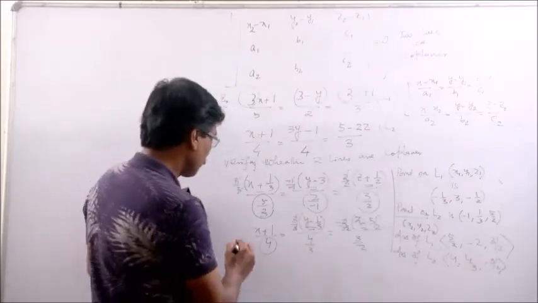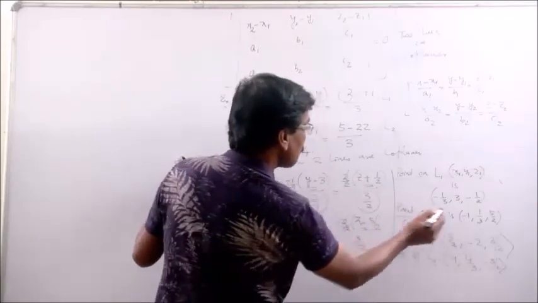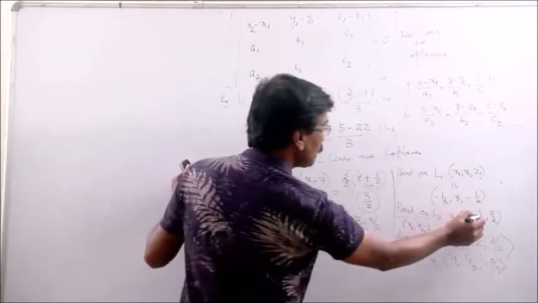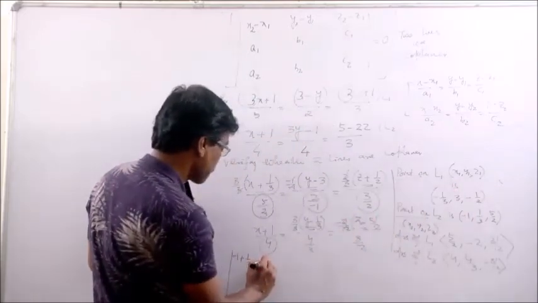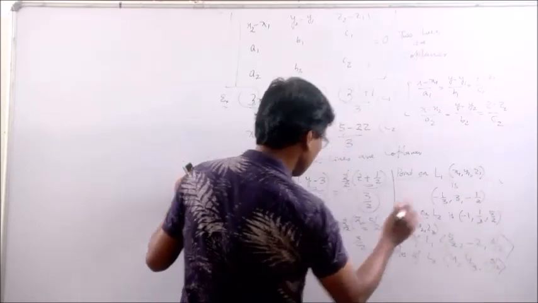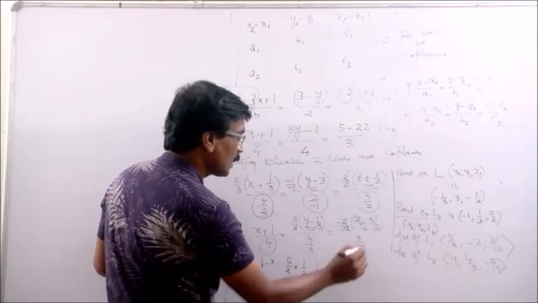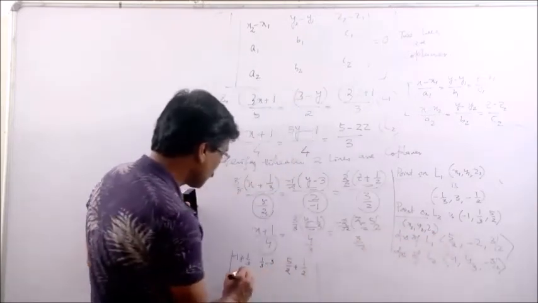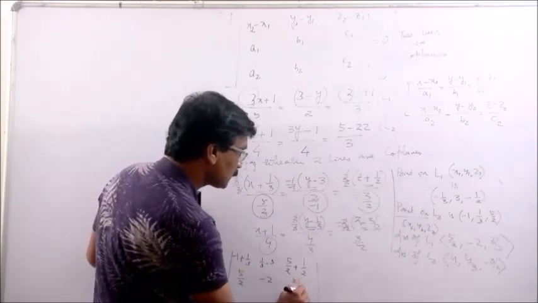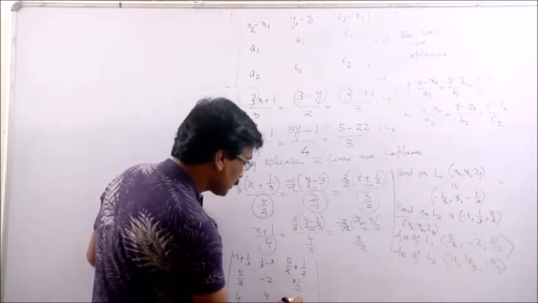Now, we can have the determinant: x2 minus x1, that is minus 1 plus 1 by 3, then 1 by 3 minus 3, then z2 minus z1, that is 5 by 2 plus 1 by 2, and A1, B1, C1 is 5 by 2, minus 2, 3 by 2, and 4, 4 by 3, minus 3 by 2.